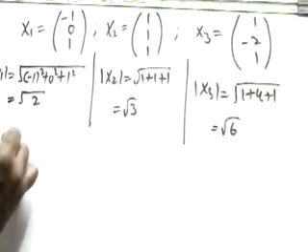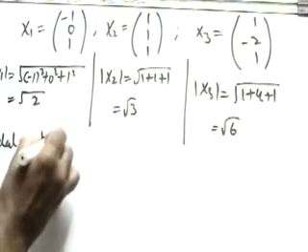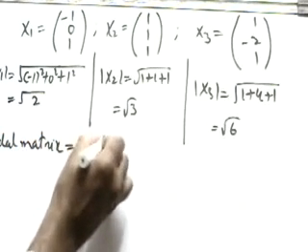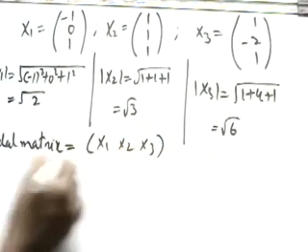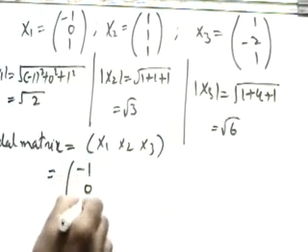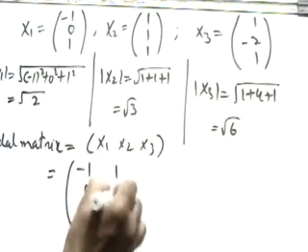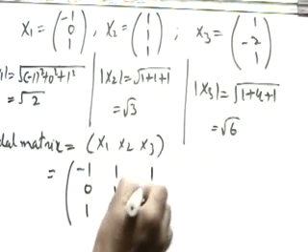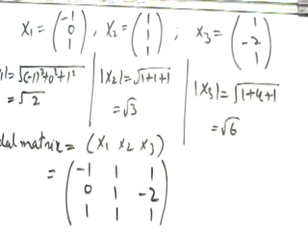Now we are having model matrices x1, x2, x3. So you get x1 is this one, minus 1, 0, 1. x2 is 1, 1, 1. x3 is 1, minus 2, 1. This is the model matrix.